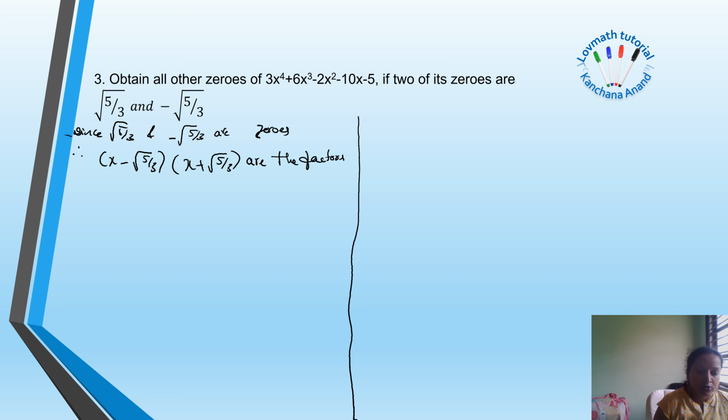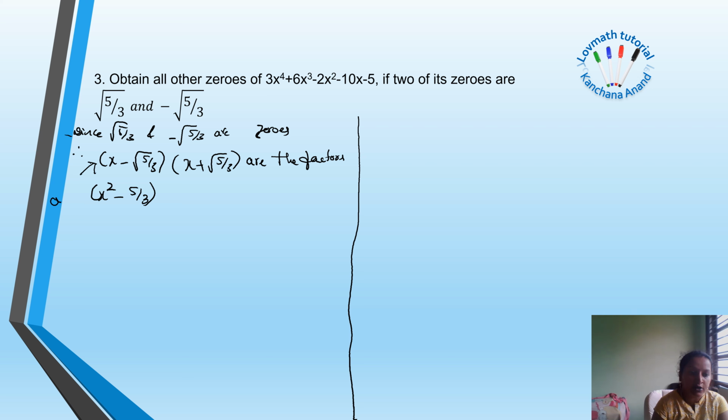Therefore, the divisor becomes x square minus 5 by 3. Here, to multiply these factors, I am using the identity a plus b into a minus b.